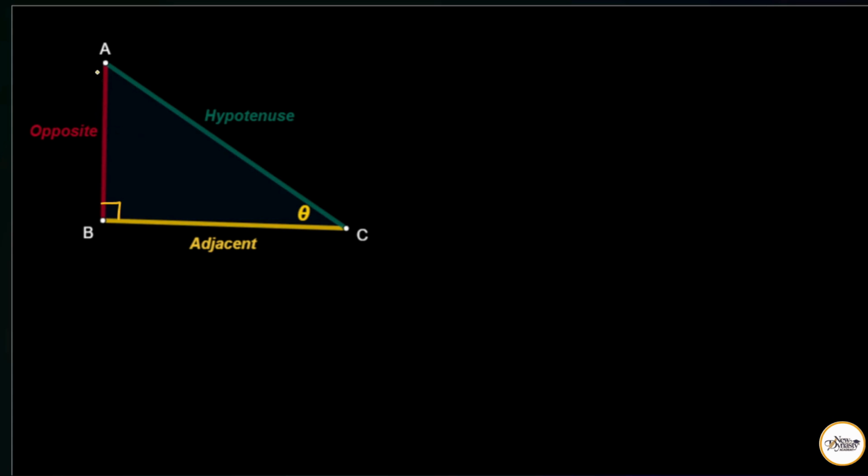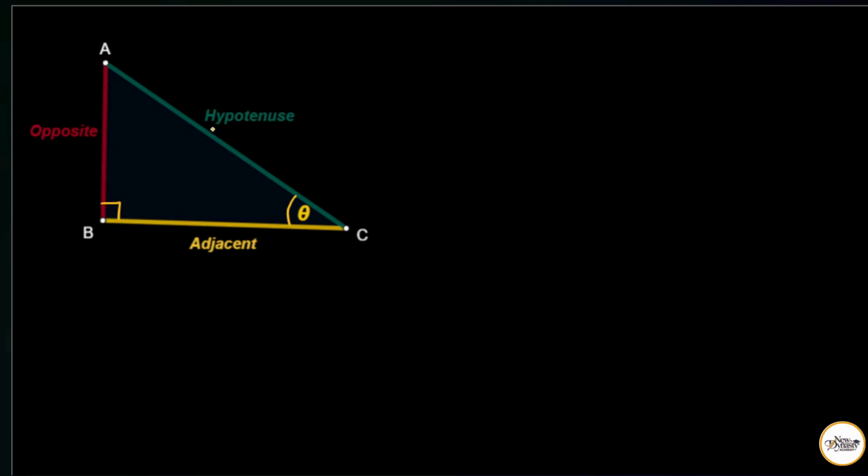So the side that is opposite, which is AB, it is the side that we name opposite. It is the opposite side. And the side that is next to the given angle, it is called the adjacent side. And this is the side which touches the angle, as you can see there. But the other side, which is the side AB, it is not touching your angle.